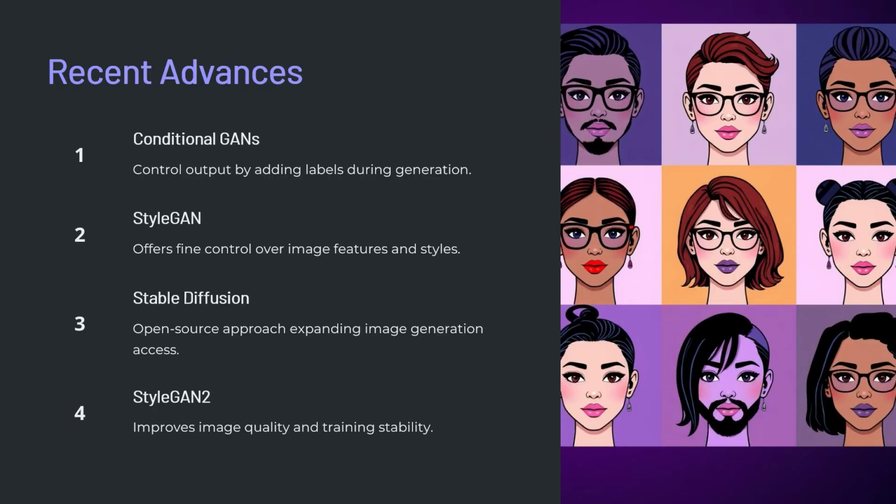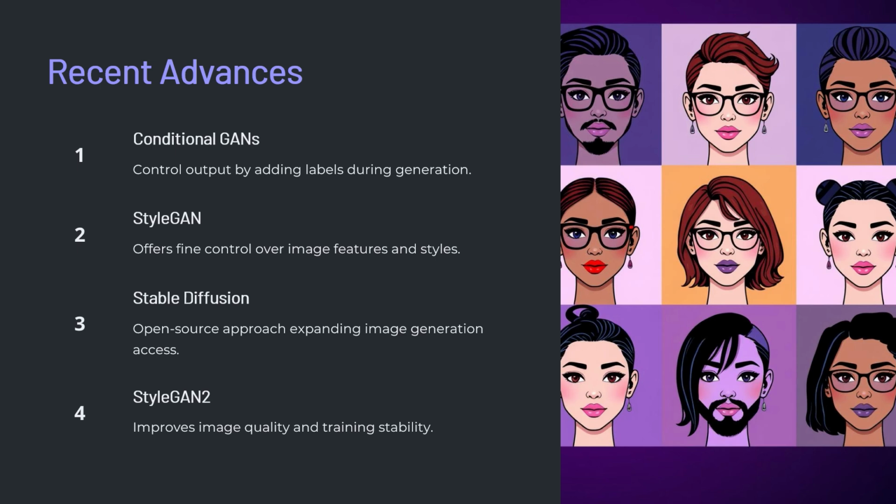Recent advances. Several exciting advancements have been made to improve GANs. First, conditional GANs. They allow control over output by providing class labels. Second, StyleGAN. It's famous for detailed face generation, giving fine control over style and features.